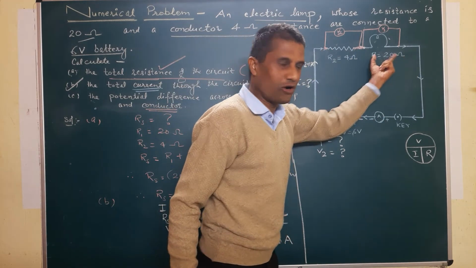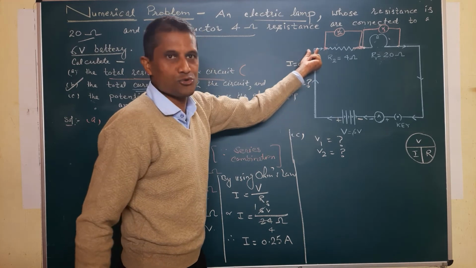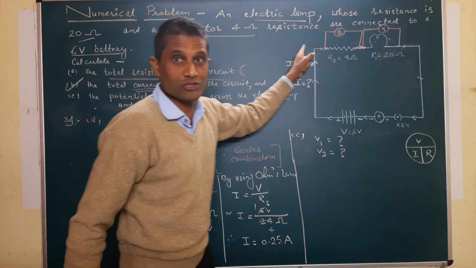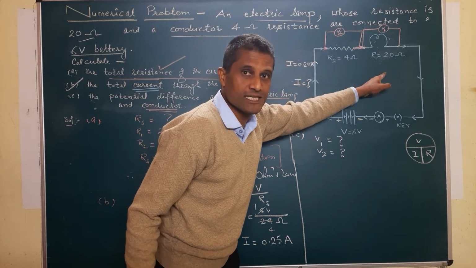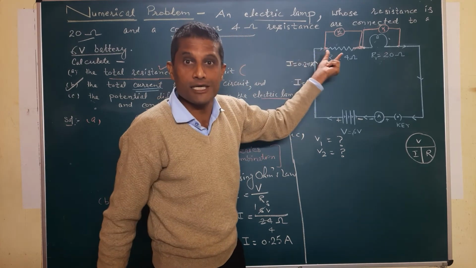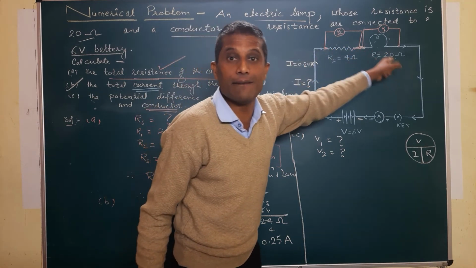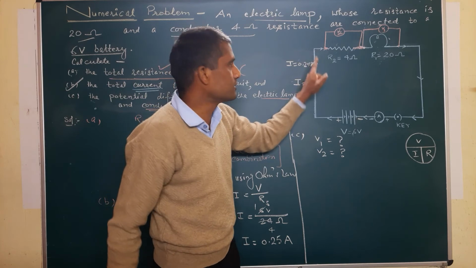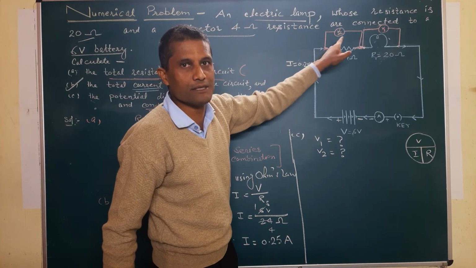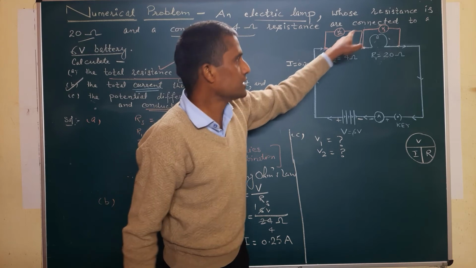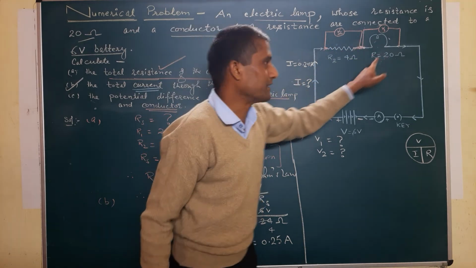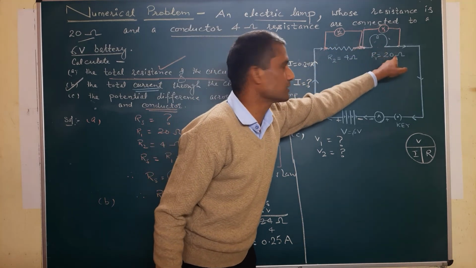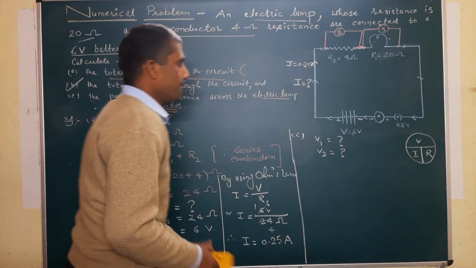Resistance is 20 ohm and the current will be 0.25 ampere. Why? Because this combination is in series, hence the total current will flow through each and every resistor. Since the total current is 0.25 ampere, 0.25 ampere current will flow through R1 and also through R2. So 0.25 ampere current is flowing through the 20 ohm resistor.